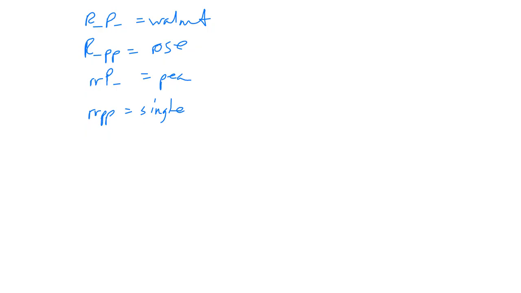So we're going to cross a big R, little r, big P, little p, with a big R, little p, little p. Right, so a walnut and a rose.